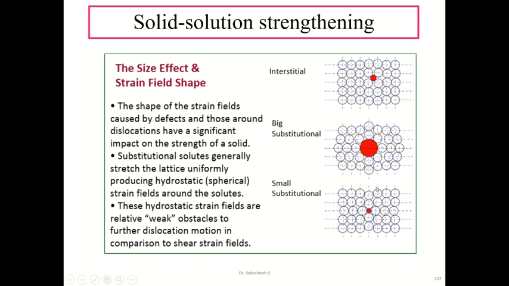A big substitutional solute will keep stretching uniformly in a spherical manner, and the strain fields around the solutes will be produced. These hydrostatic strain fields are relatively weak obstacles to further dislocation motion in comparison to shear strain fields.